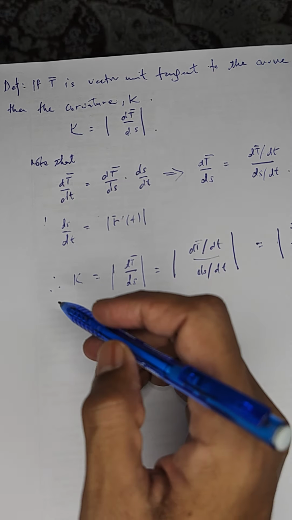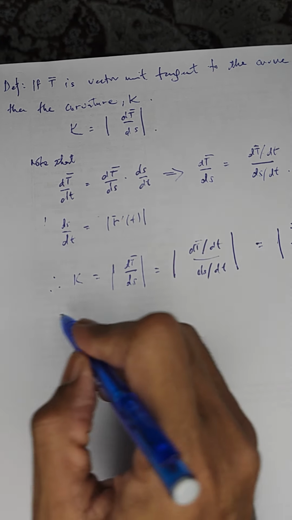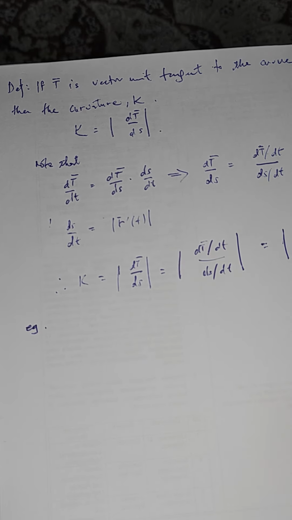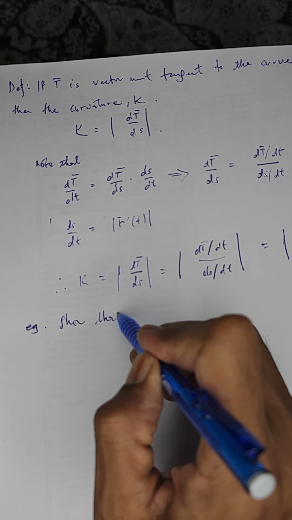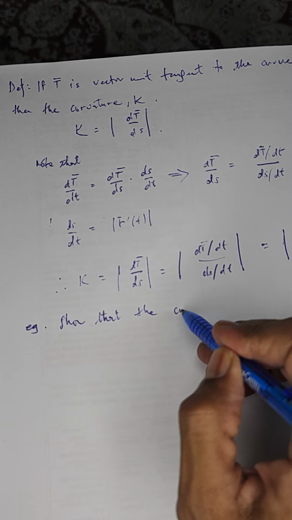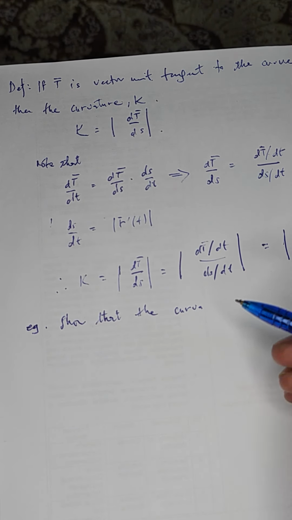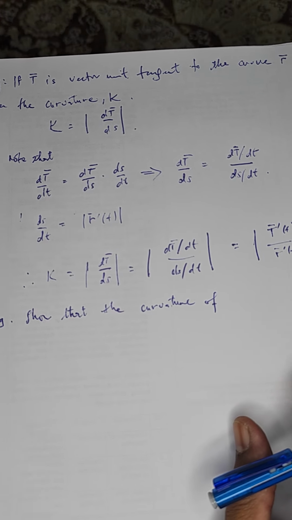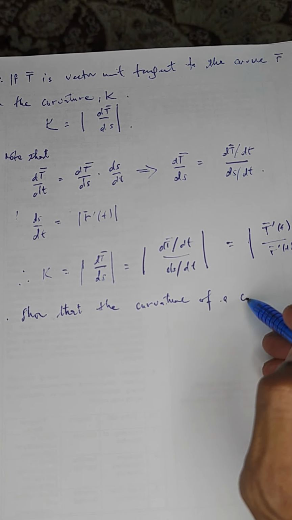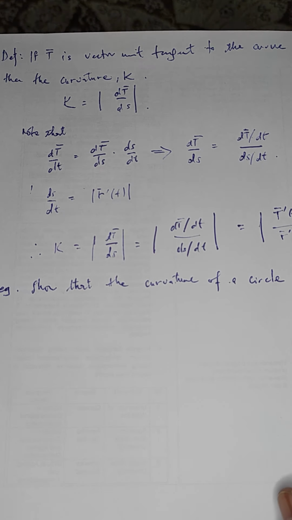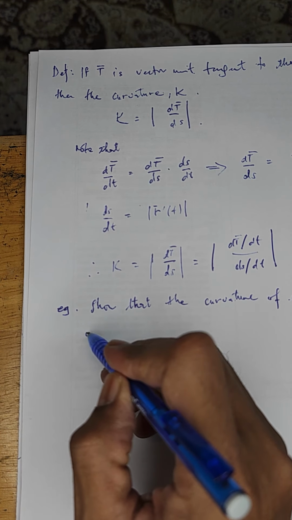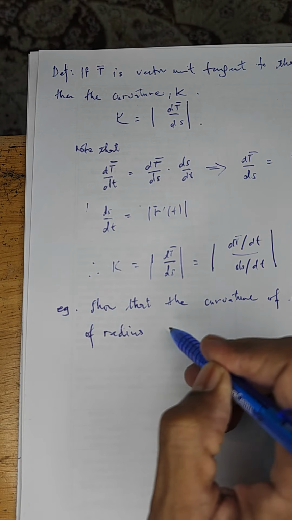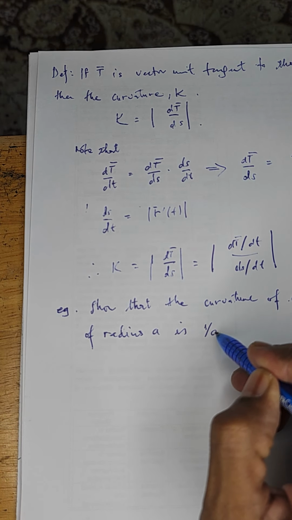Okay, let me give you an example. Show that the curvature of a circle of radius a is 1 over a.